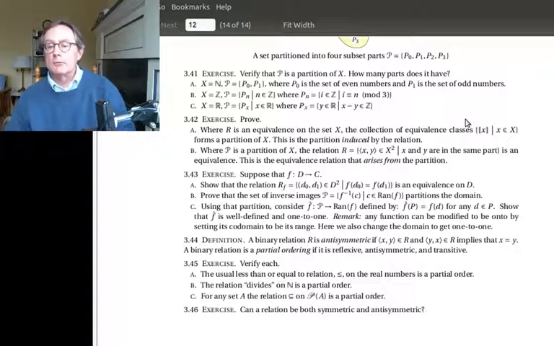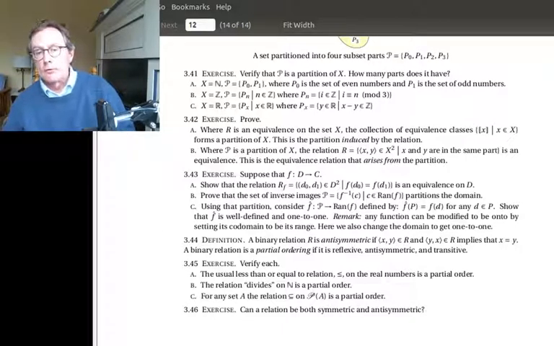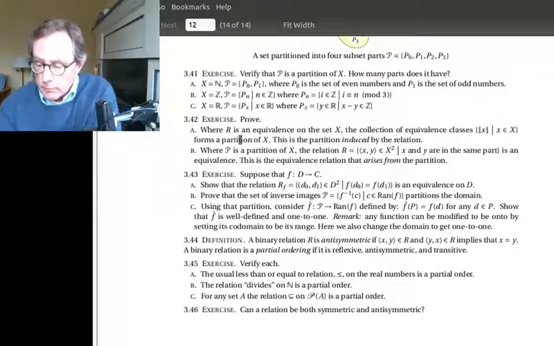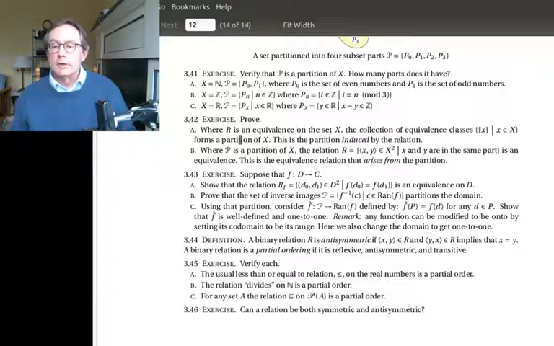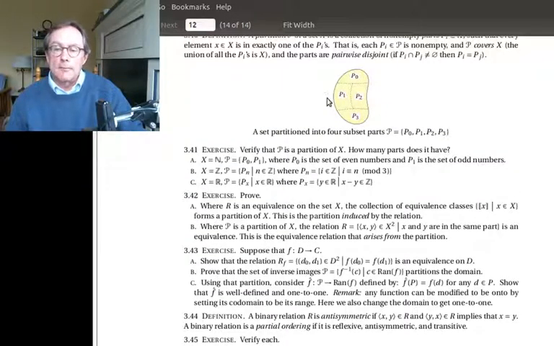I'm doing 3.42a, which says where r is an equivalence on the set X, the collection of equivalence classes forms a partition. That is to say, the example I used above, where I said what's the remainder on division by 4, would give you 4 different parts, is right.